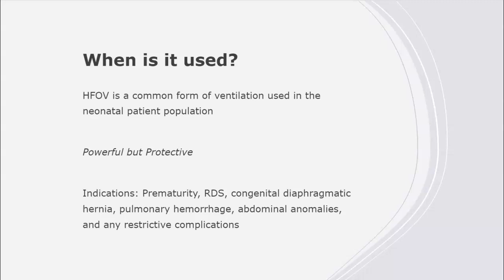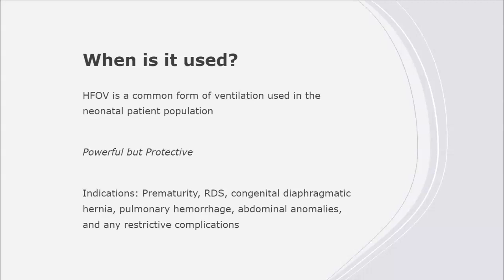Abdominal anomalies. The oscillator is very good, just like with congenital diaphragmatic hernia, at moving against that additional abdominal pressure. One time I had a baby whose mom was infected with CMV during pregnancy, and the baby had liver issues and came out with ascites. We actually tapped a liter of fluid, and I had probably the highest pressures I've ever had on an oscillator on this baby.